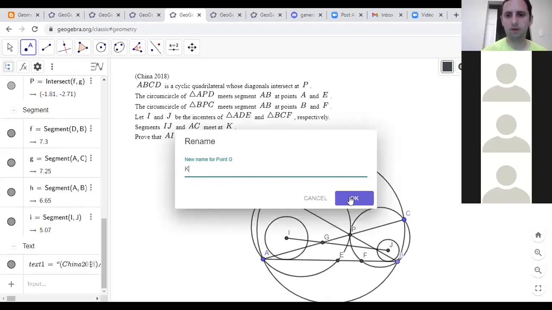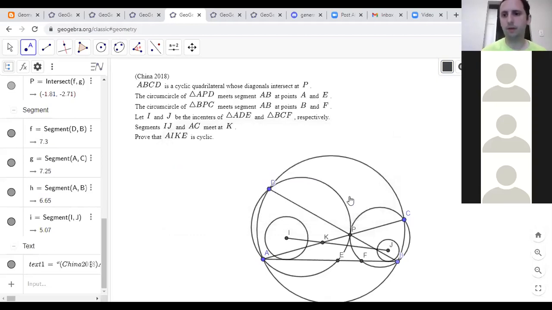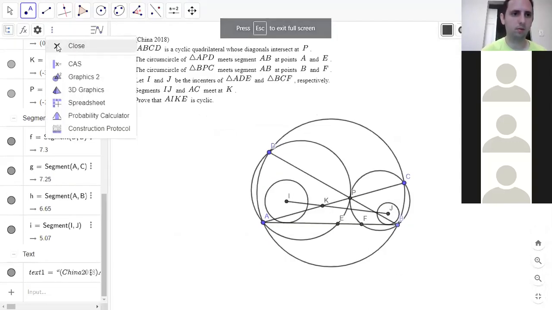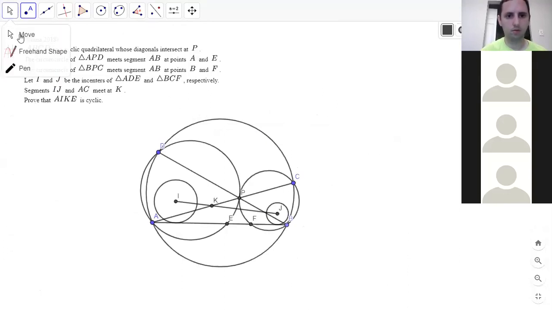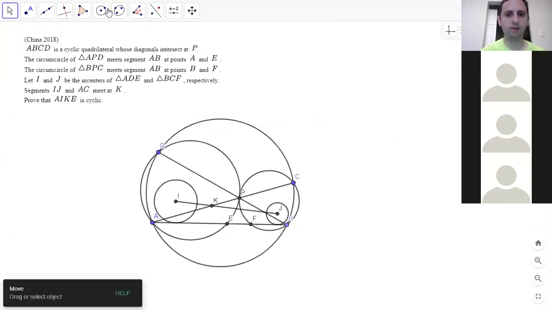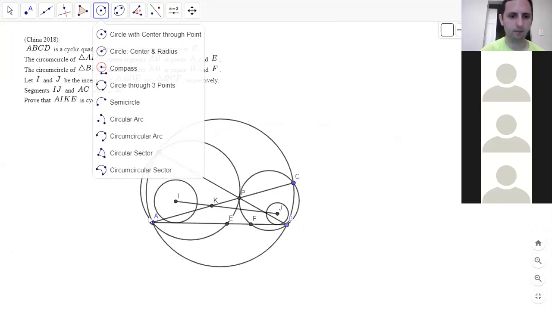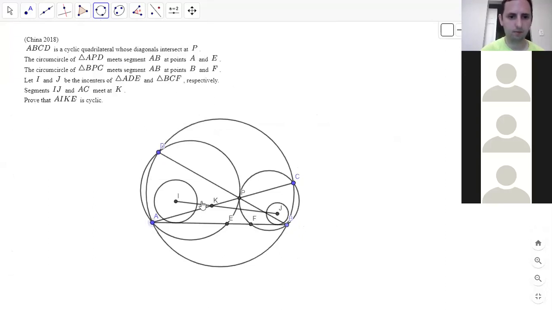All right. I'll maximize it. Close this. And yeah, now it kind of does look like AIKE is cyclic. So yeah. All right.